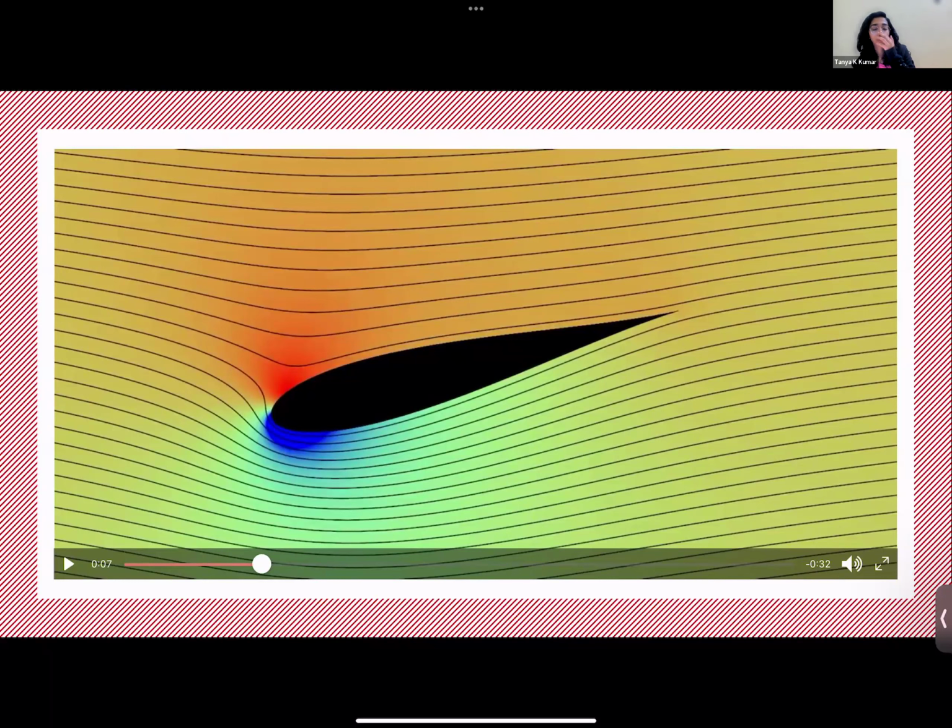In reality, if you were to keep an airfoil in a flow and visualize it, what would be different? This is an animation, not a real experiment. So in an actual experiment, what do you think would be different?